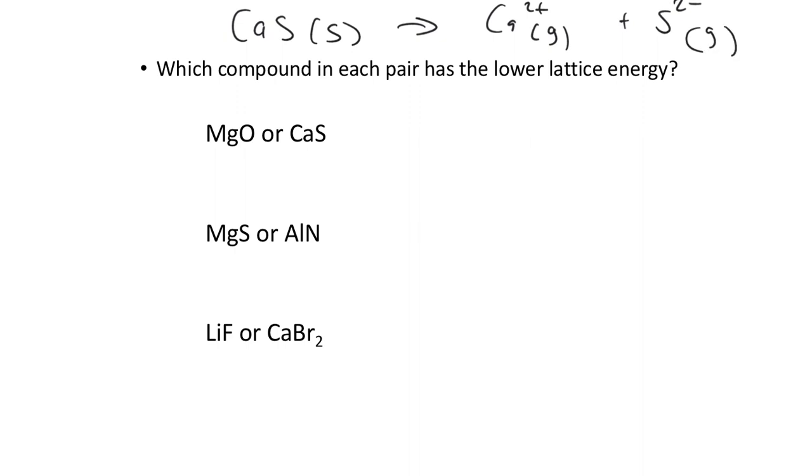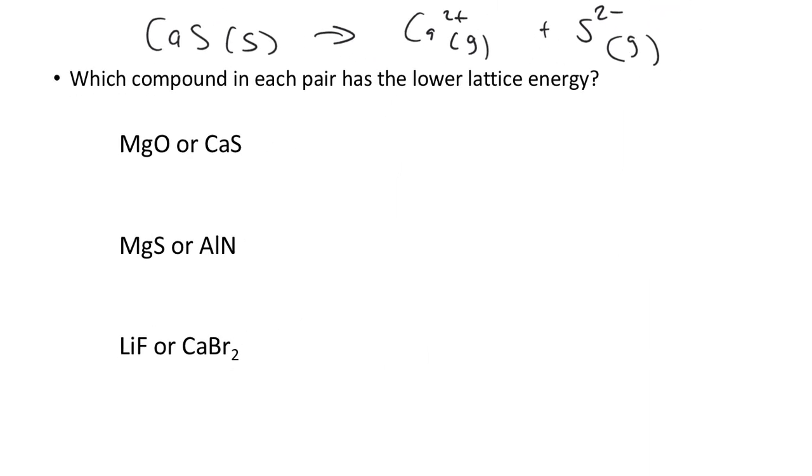So if you imagine taking the compound and separating the ions, it gives you a measure of how strongly attracted the ions were together in the ionic solid, where it's plus minus, plus minus, alternating throughout the structure. So the delta H of this reaction is equal to the lattice energy. So lattice energy would be 1 mole of an ionic compound as a solid forming its gaseous ions.